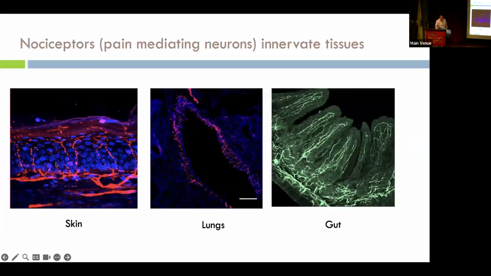And so these neurons that mediate pain are called nociceptors. They're the ones that detect noxious stimuli. They innervate especially densely barrier sites, where we might get something injurious or harmful, like the skin, the lungs, the gut. And they're sensing signals from the environment, but also internally that might be potentially harmful.